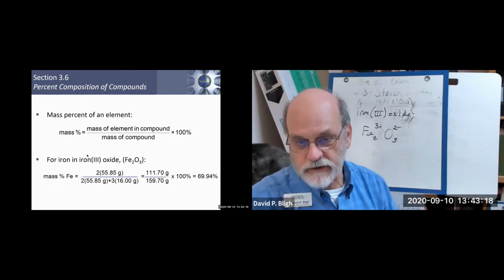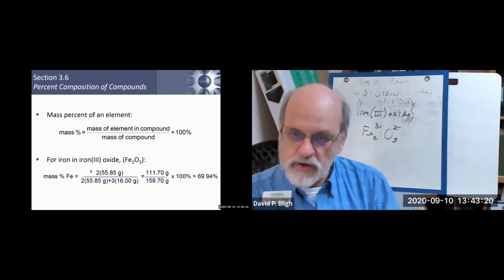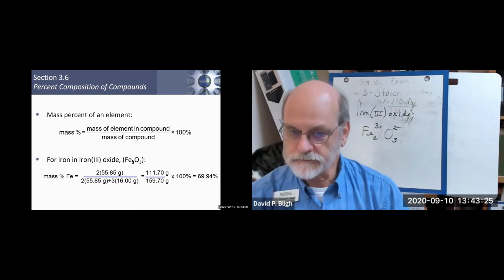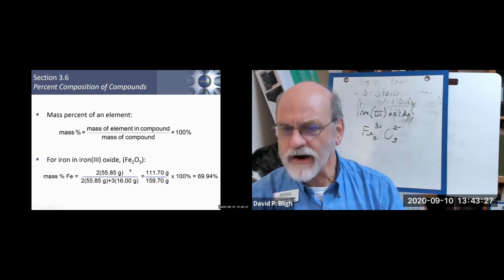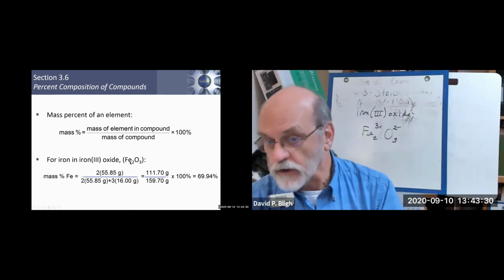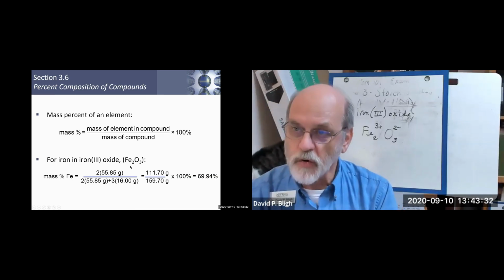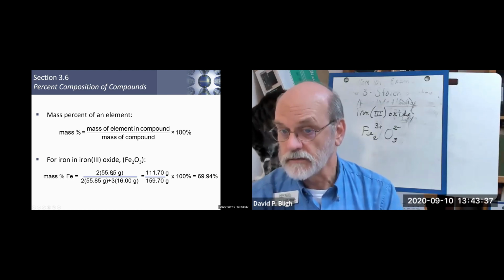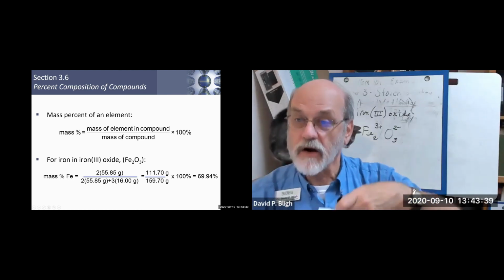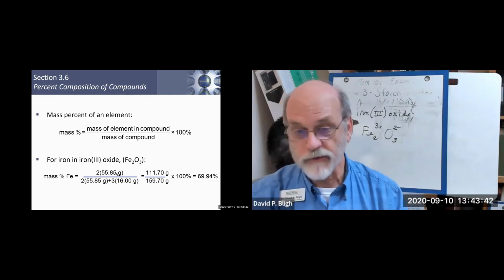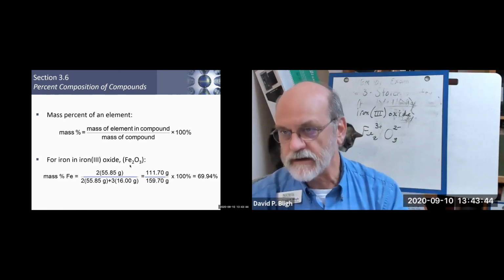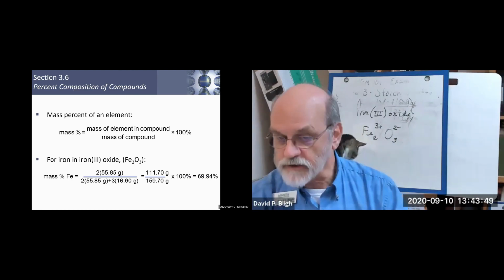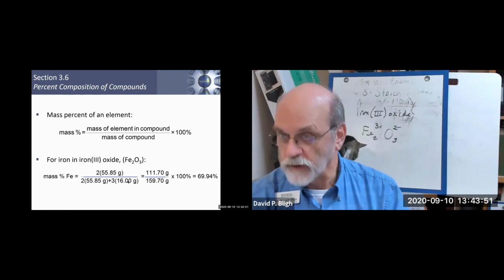So here's how you do it. You just assume that you have a mole of the compound. How many moles of iron are in that compound? Well, there are 2. So how much does 2 moles of iron weigh? 55.85 times 2. Now, how much does the entire compound weigh? We did that one before. Well, we didn't do this one, but we did compounds. 2 irons plus 3 oxygens is the total for 1 mole.